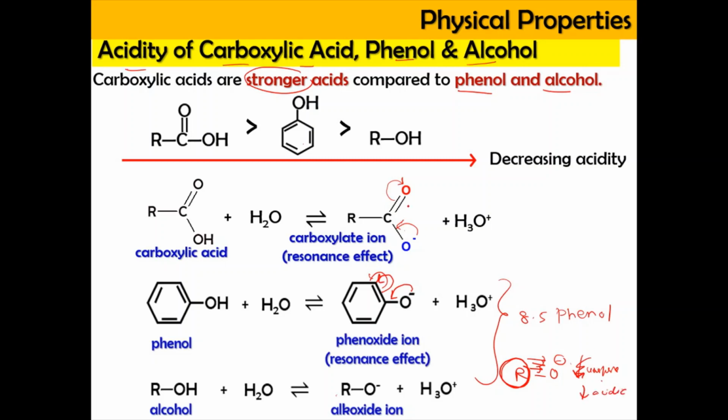Okay, carboxylic acid is going to be the most acidic because it involves the delocalization of electrons over two electronegative atoms, for example the oxygen atoms here. And this one is going to be in the middle because it involves delocalization inside the benzene ring.